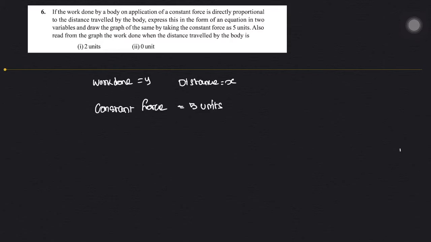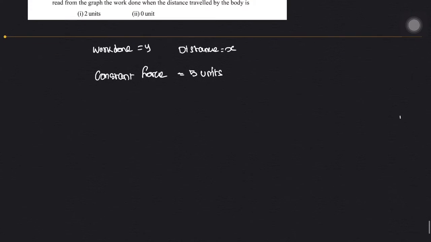Normally, the work done by the body is directly proportional to the distance. With the distance increasing, we need more work done to travel. So work done is directly proportional to distance.